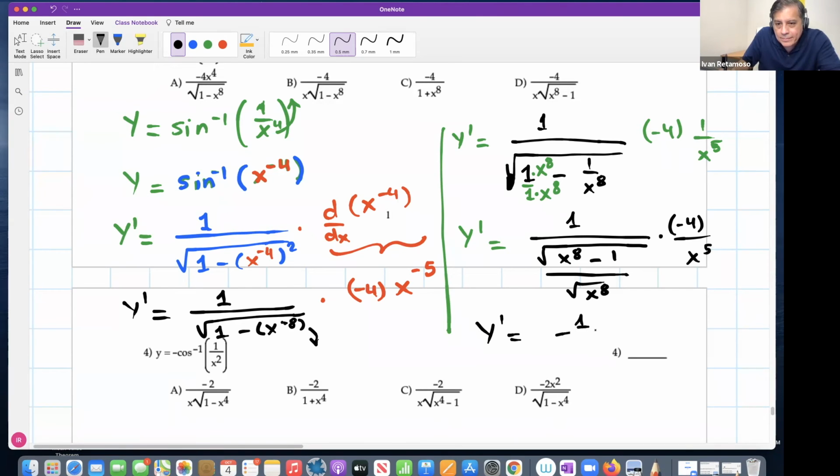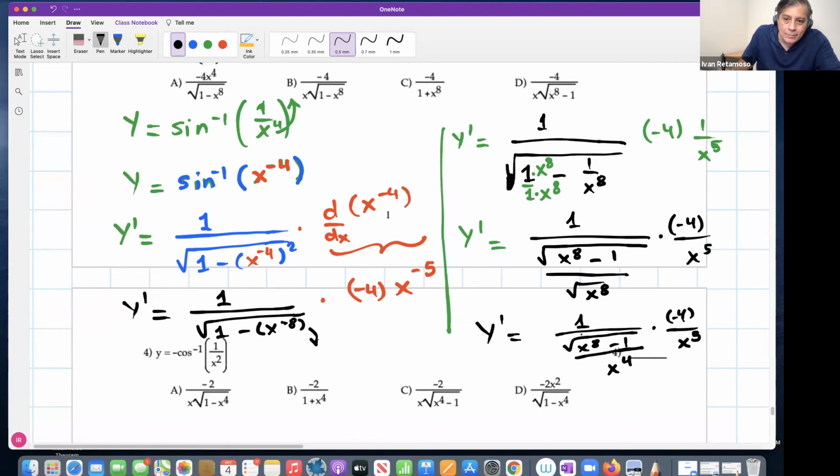So 1 over square root of x to the 8 minus 1 all over x to the 4 power. But now notice that that x to the 4 power can be simplified with this x to the 5th power. Look, x to the 5th power divided by x to the 4th power is just x, right? Subtracting the exponents. So that x is what I'm going to put up front here.